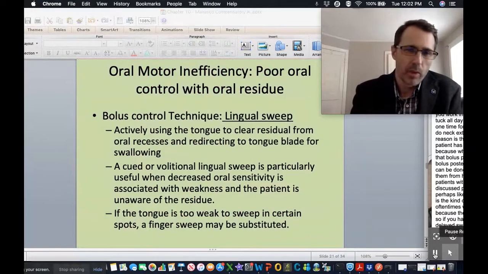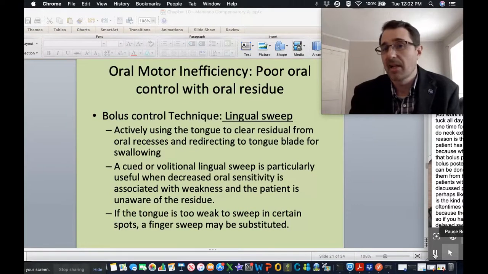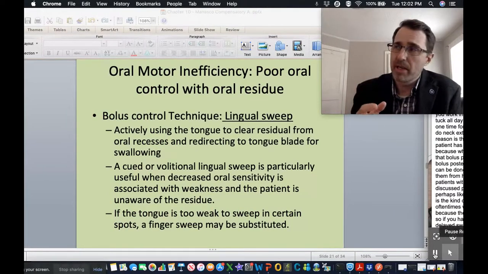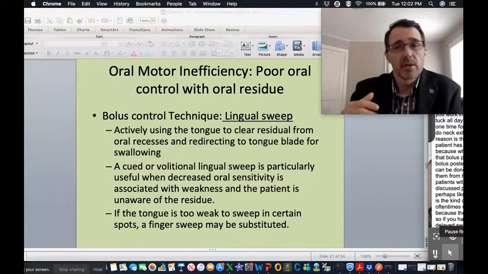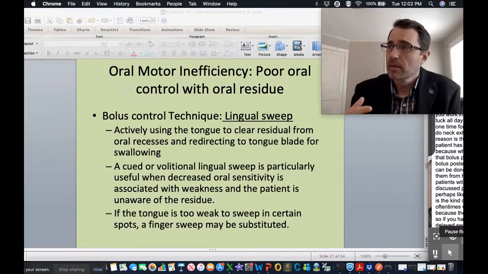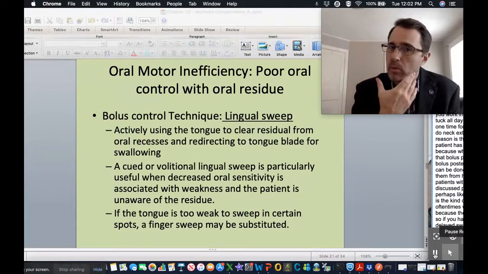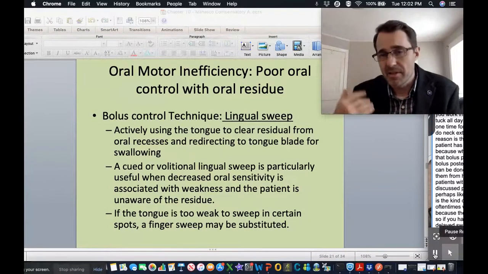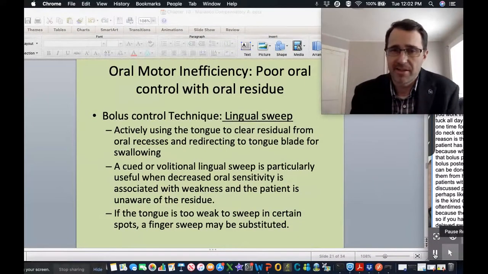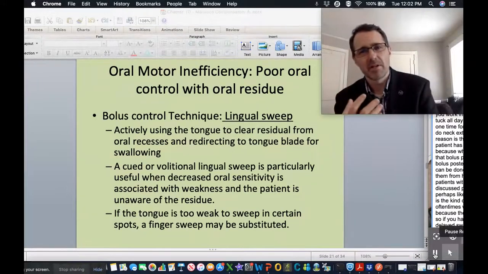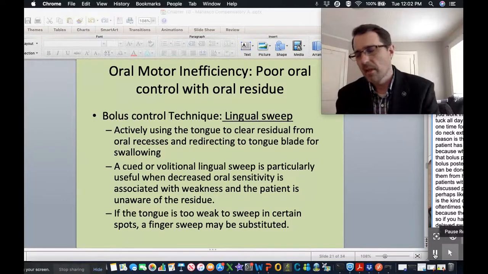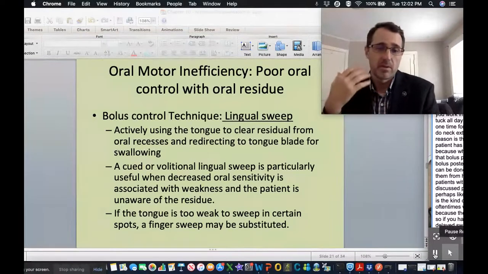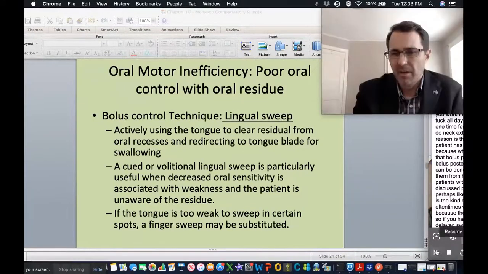The lingual sweep maneuver is exactly what it sounds like. You're training the patient after their swallow to use their tongue to gather stasis from the buccal cavities, from the oral cavity, and then to safely clear that stasis, get it out of the oral cavity. If the patient's tongue is too weak to do this, you can teach them to use their fingers to do it.